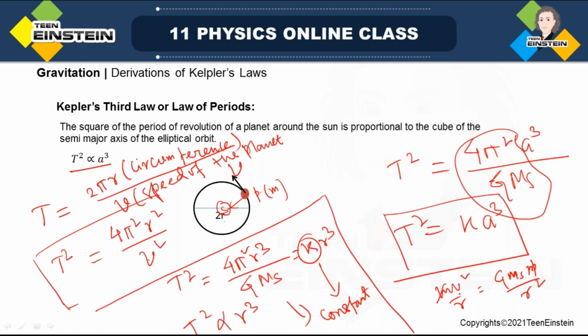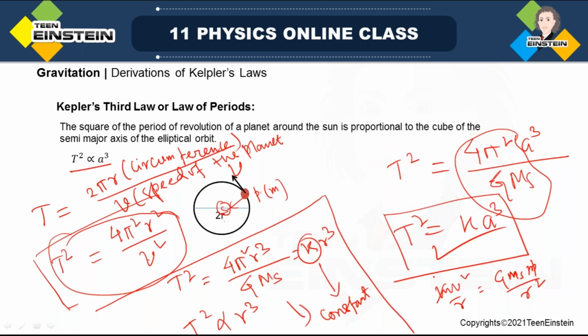So from here you will get the value of v², and earlier also you have got v². So you can compare the two v² and get this equation. So this is how we can prove Kepler's laws, and we have proved all of Kepler's laws.